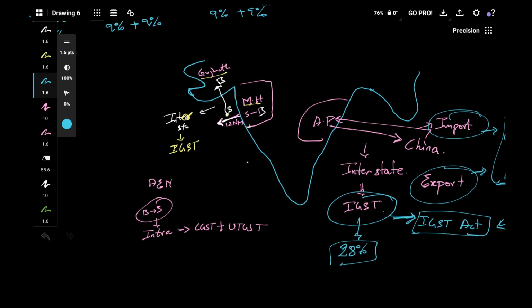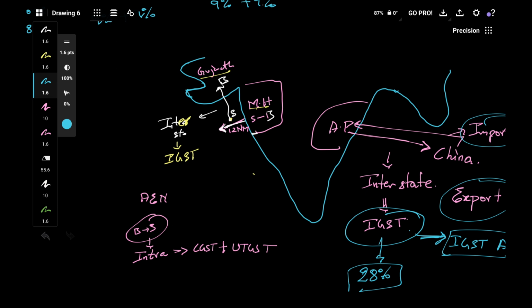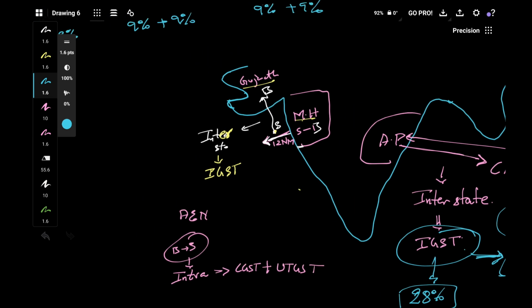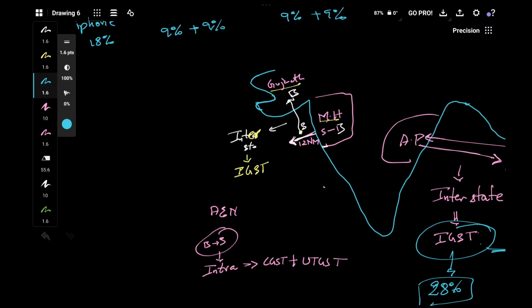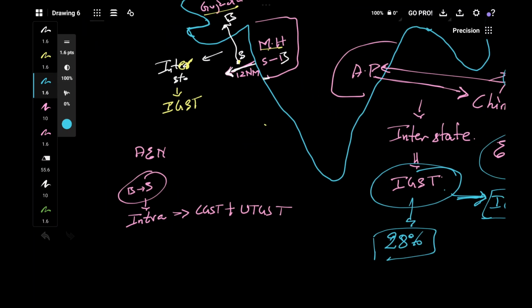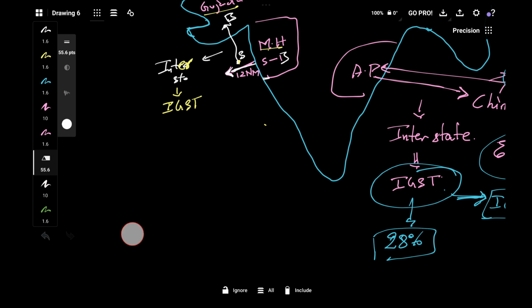So apart from this, there is also a very important transaction that may be asked in the exam. So yeah, from this coastline, 12 nautical miles is within India.